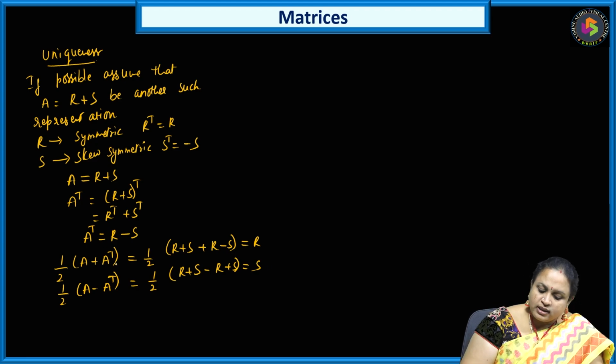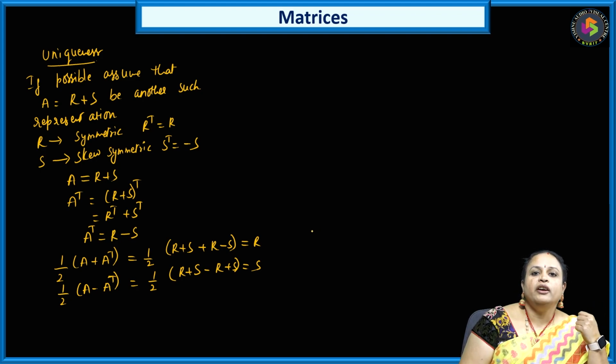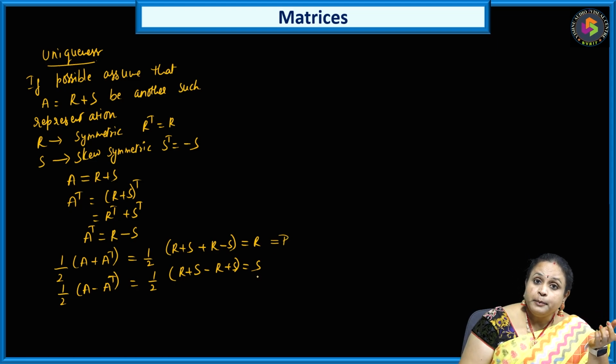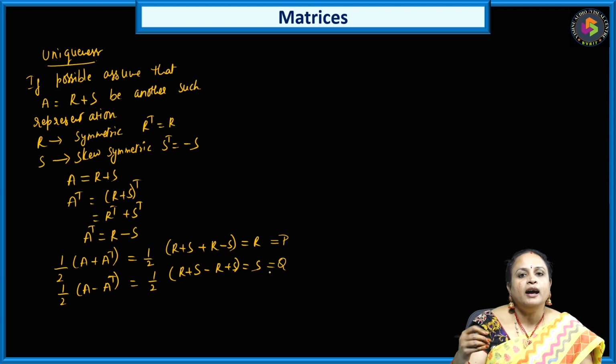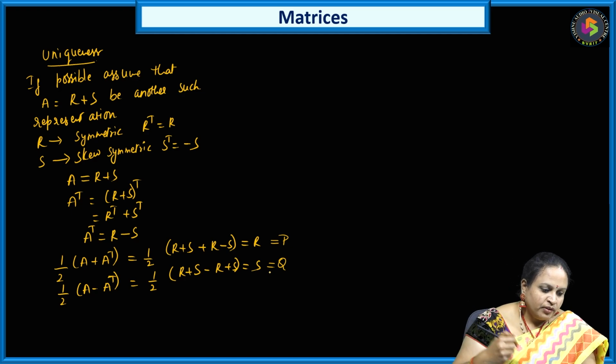But actually, what is 1 by 2 into A plus A transpose according to the theorem which we have proved just now? That is nothing but equal to P. And 1 by 2 into A minus A transpose, just now we have seen, is nothing but Q. So, whatever we have assumed, we thought that there is some other R and S, but that R and S is nothing but our P and Q only.